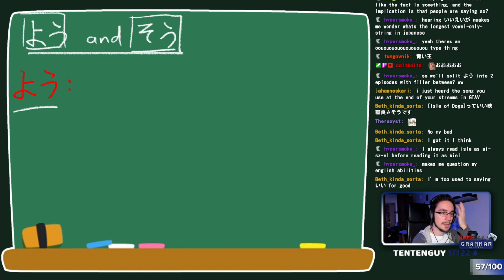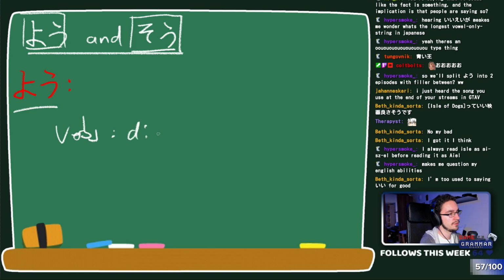Generally, yo is just added after the dictionary form or sentence ending forms of verbs. Okay, so for verbs, again, you would use dictionary form, or sentence ending forms work as well. Okay, dict form plus yo.